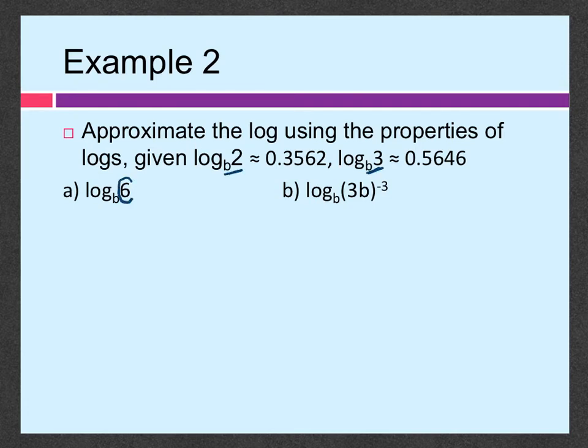So can I rewrite 6 in terms of 2 and 3? How? 6 is the same thing as what? 2 times 3. So I can rewrite this as log base b of 2 times 3. And then what did we just say happens if I expand and it started as multiplication? Becomes addition.